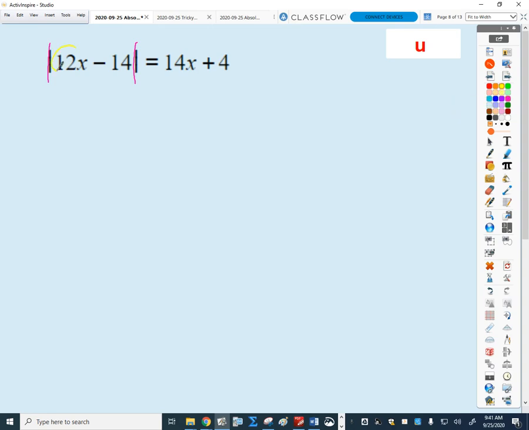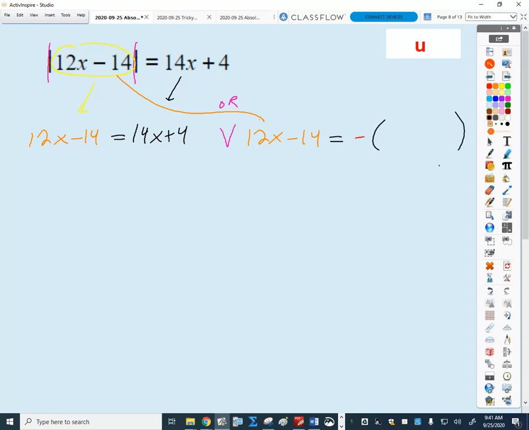Either whatever's inside is equal to the positive of what's outside, or, remember that's my symbol for or, whatever's inside is equal to the negative of what's outside.